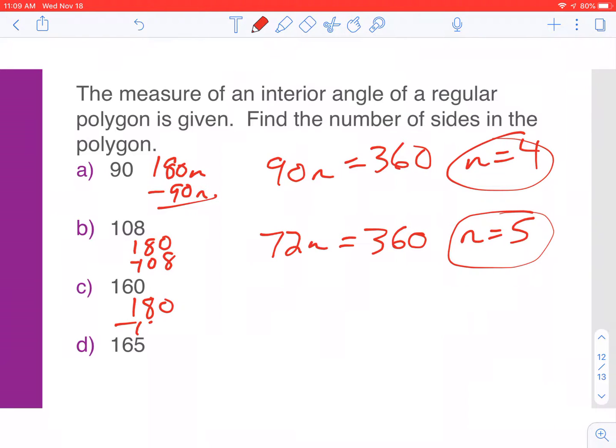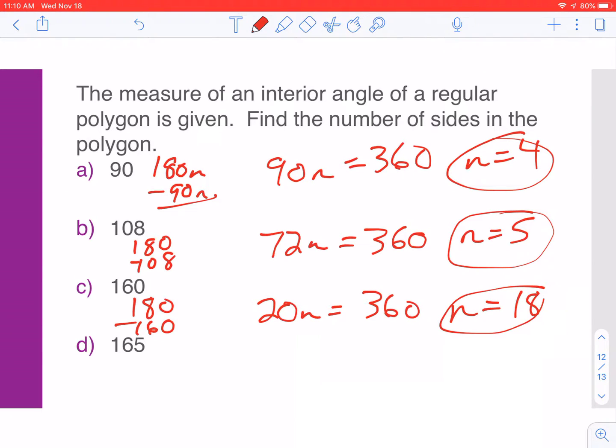180 minus 160 is 20. N equals 360. N equals 18. 18-sided figure. And then 180 minus 165 is 15n. N equals 24.